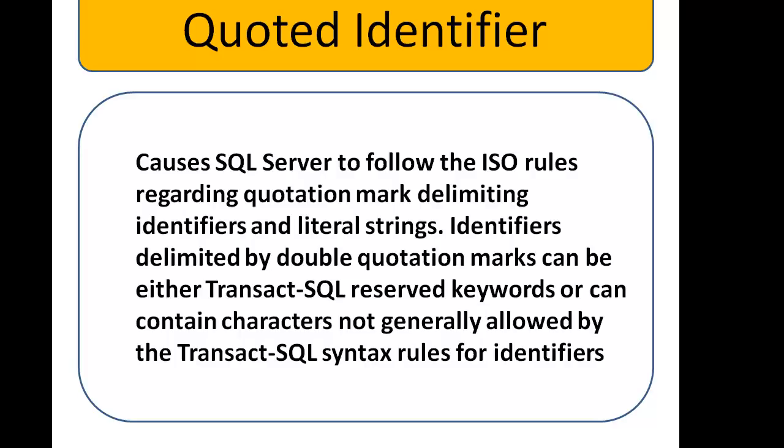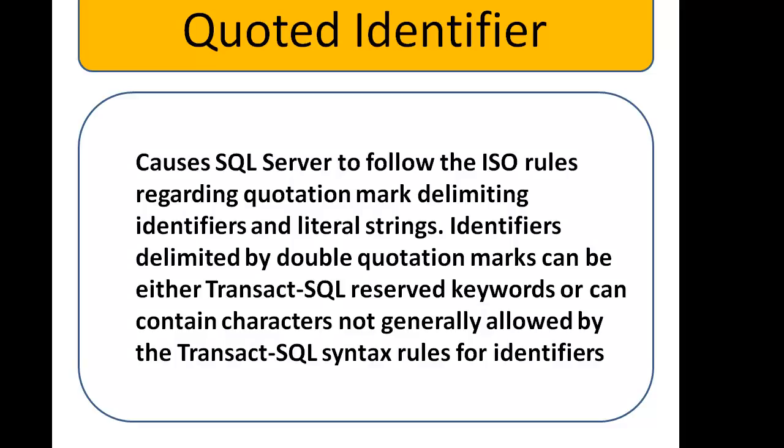So using these two strings, one is identifier and one is literal strings. The identifier name will not accept the reserved word, and for literal strings, if we pass a single quotation statement to the varchar field, it will not accept.